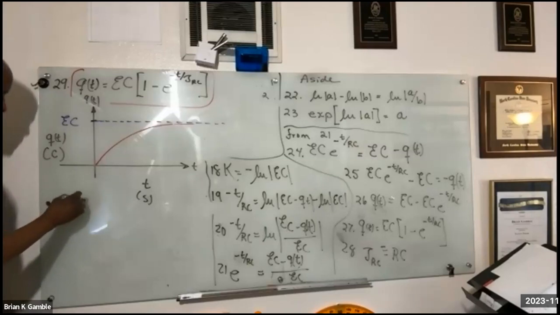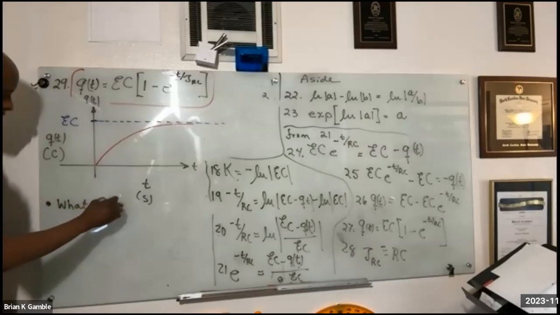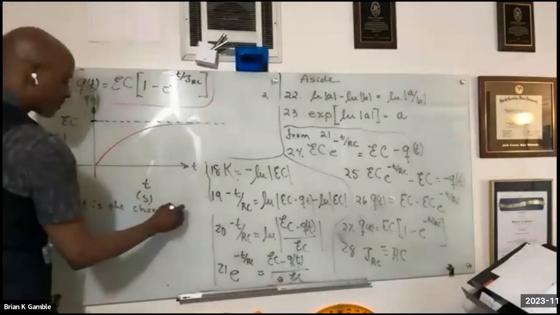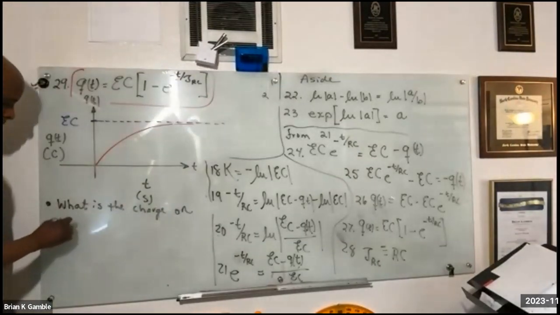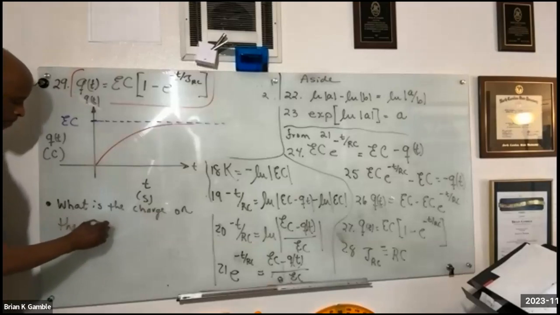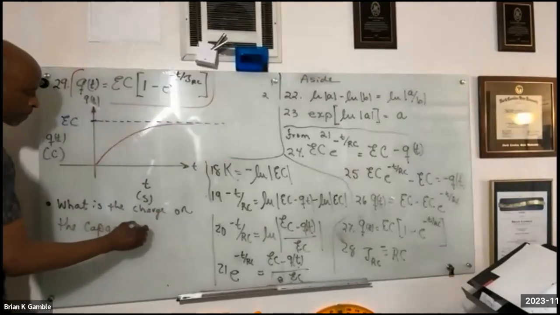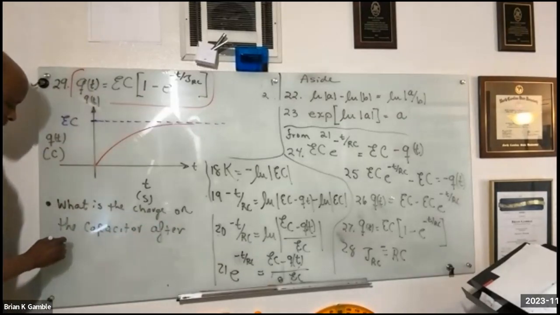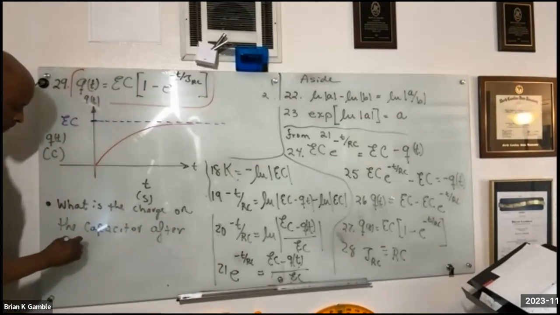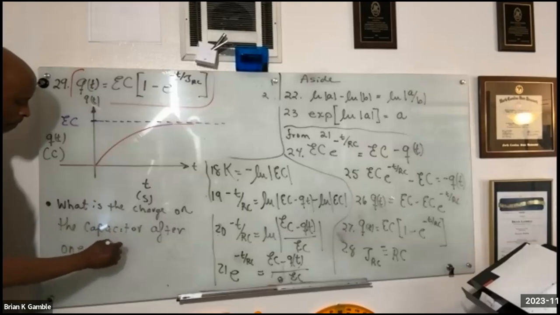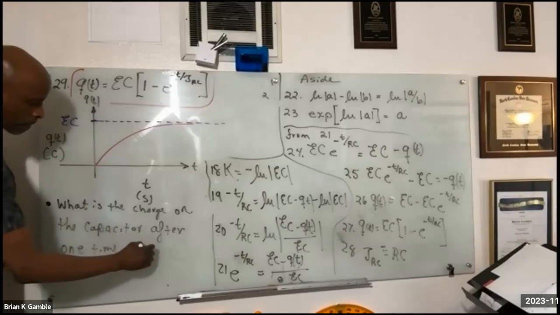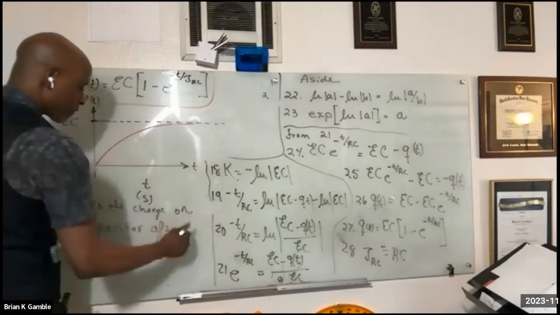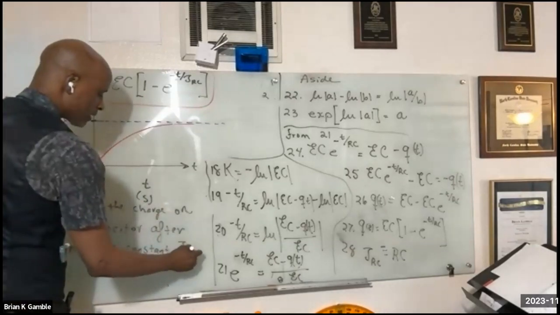So what is the charge on the capacitor after one time constant, tau RC?